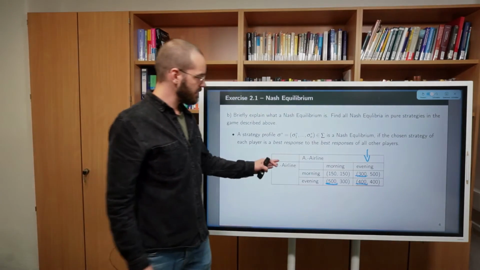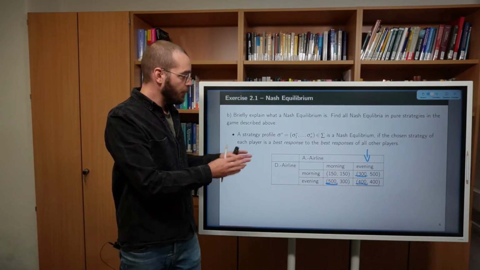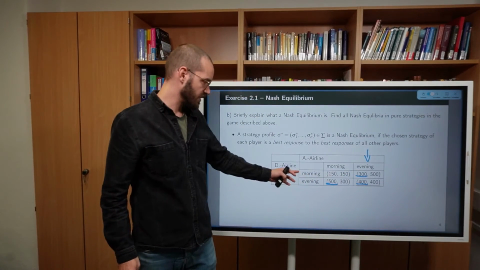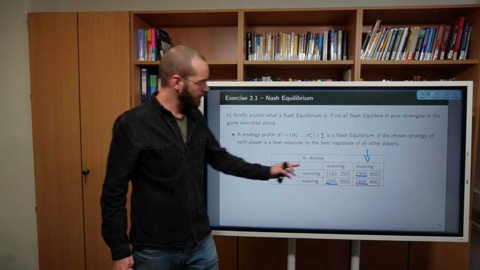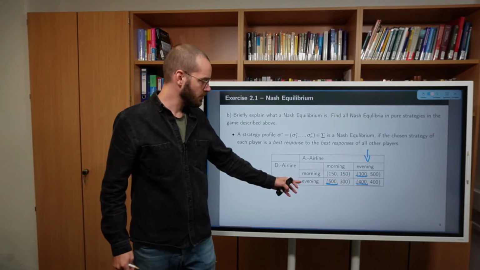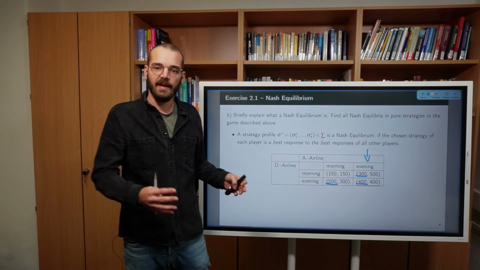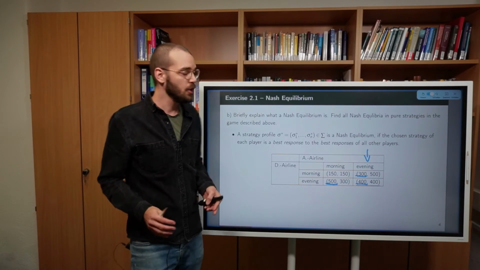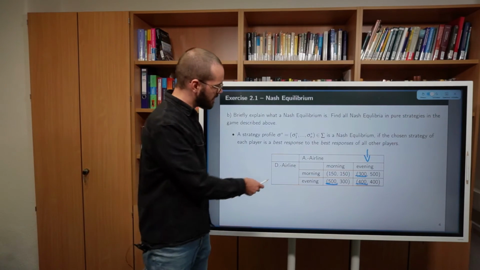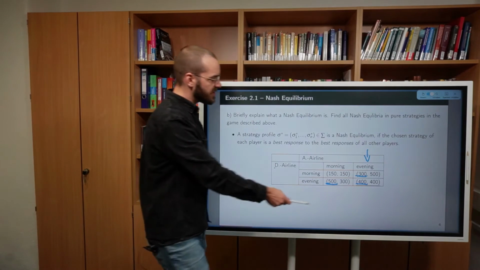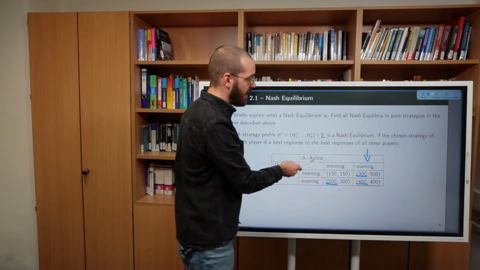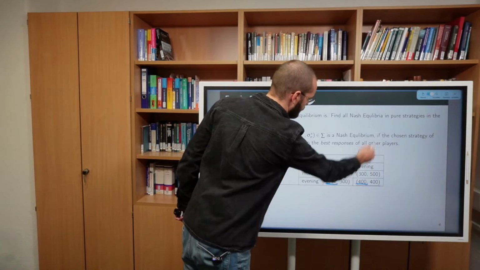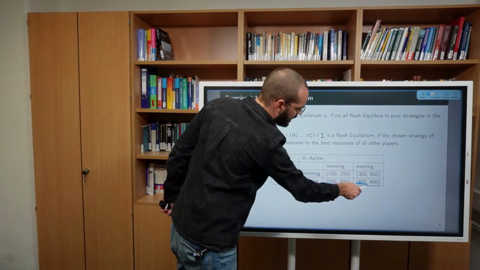So now we can see that the D airline will receive a payoff of 300 in case it chooses to play morning, and that the D airline will receive a payoff of 400 in case it chooses to play evening too. Again, by comparison, 400 obviously is larger than 300, so we know the best response of the D airline towards the strategy evening played by the A airline is to play evening as well. All right? So, again, let's underline evening.